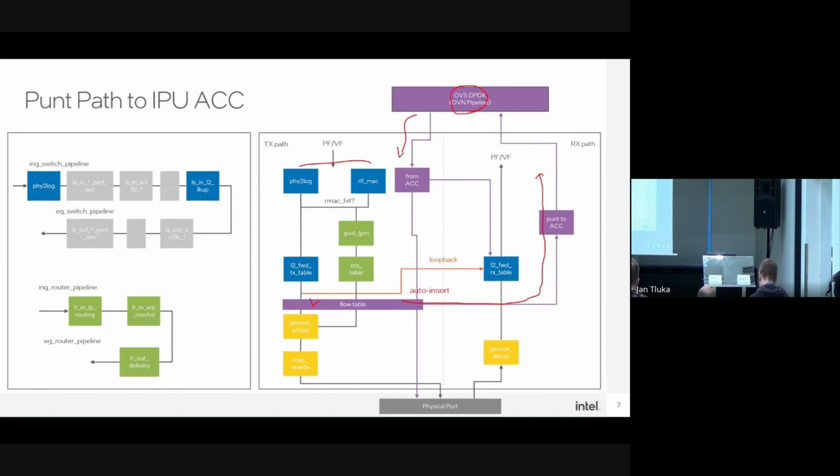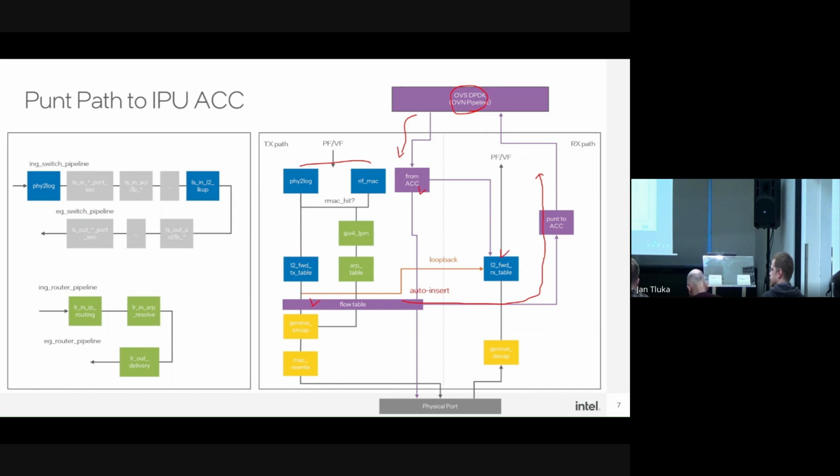Further, the logical output port of this packet has been determined already by the OVS software datapath. So the packet type could be either the original packet or the Geneve encapsulated packet, depending on the location of the logical output port. If the logical output port is located in the same chassis, then the original packet is re-injected into the IPU FXP and then directly looped back from the ACC table here to the table in the RX path, and then is forwarded to the actual physical port after the L2 RX table lookup.